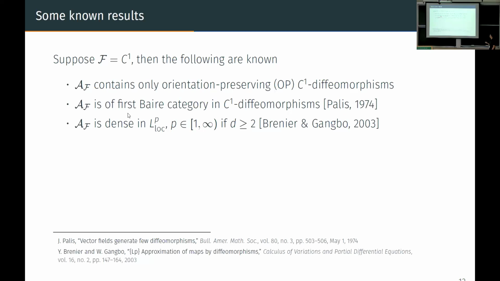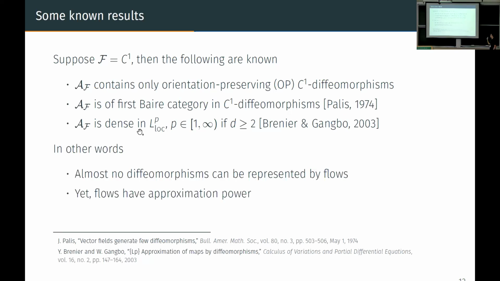And the second one basically says that the set of diffeomorphisms that can be represented by a flow is very small, is negligible. And the third one says that it is dense in L^p. Okay, so in other words, almost no maps can be represented by these flows, but in dimension greater than or equal to 2, they can be approximated by this flow. Okay, so this is what is known. So they are very powerful, but almost nothing can be represented by them.